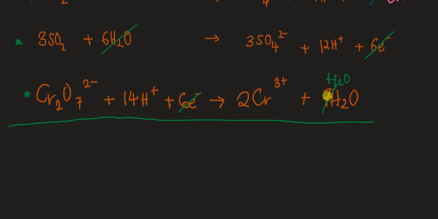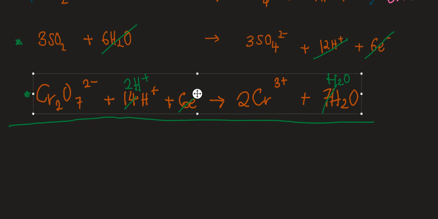And then the protons, here we have 12, here we have 14, so this has 2 more than this, so we can cancel this out. This will be left with 2 protons, and everything else, they are not common terms, they are not the same, so we just bring them down.